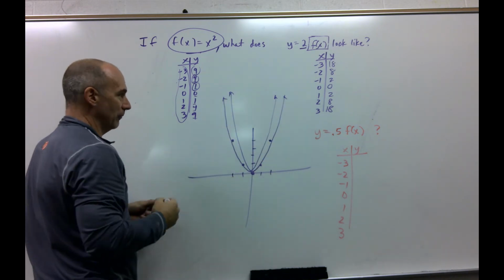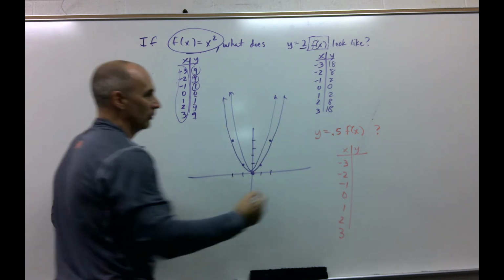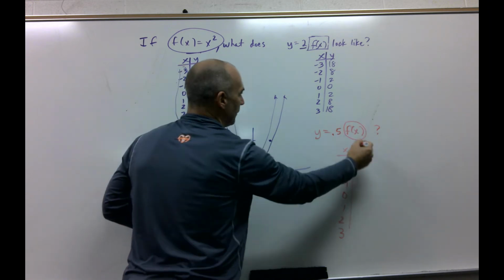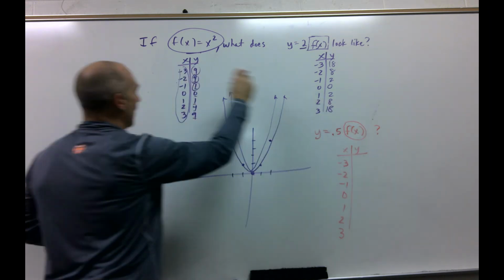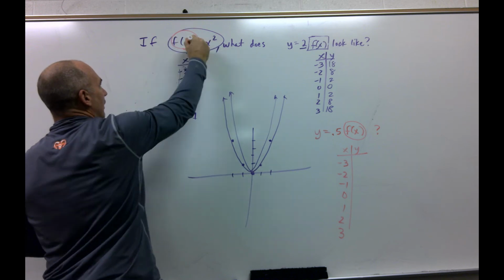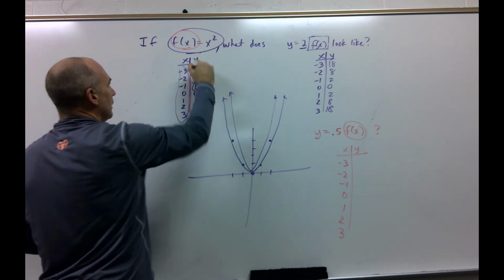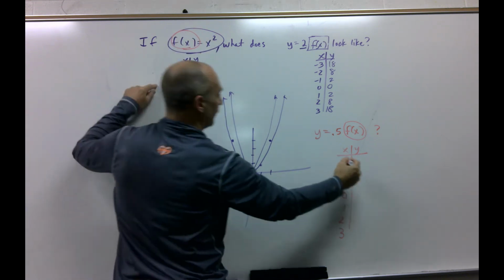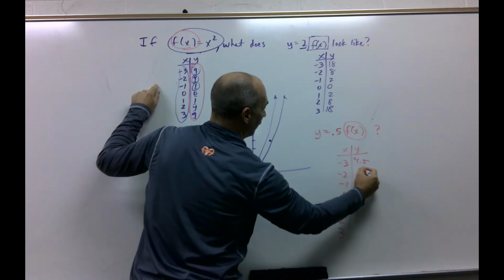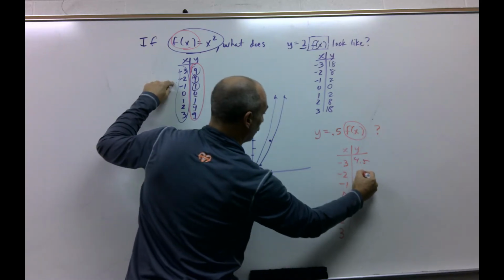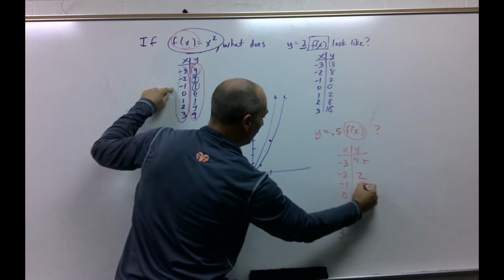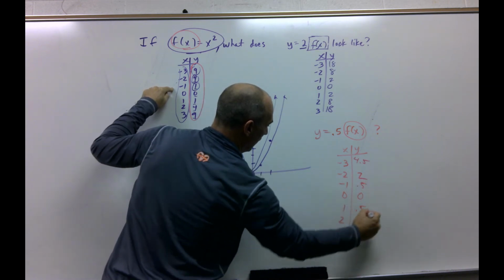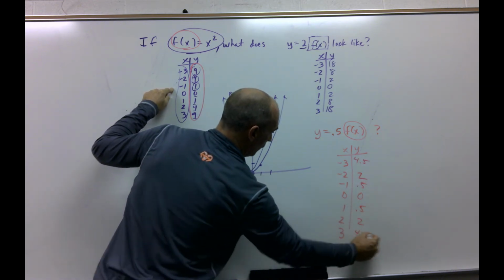All right. So what does this mean? That means take whatever y value you had for this f of x, which is all of these, and simply cut them in half. So it'd be 4.5, and then 2, and then 0.5, and then 0, then 0.5, 2, 4.5.